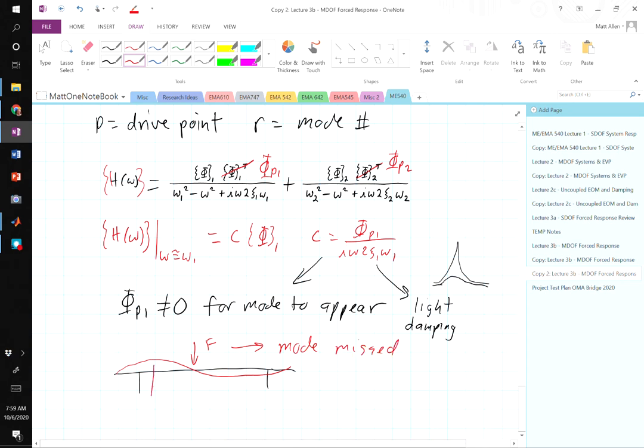But if we apply a force at pretty much any other point, then we can capture this mode. All right, so that's one of the basic concepts in modal analysis here, to choose the excitation point such that our mode shows up, and then we can use all of the process we've talked about already to get the mode out.